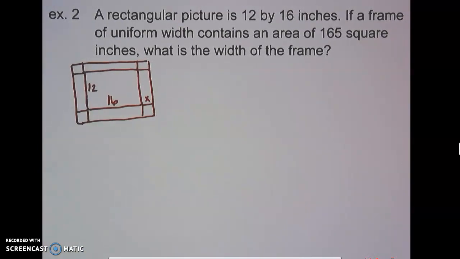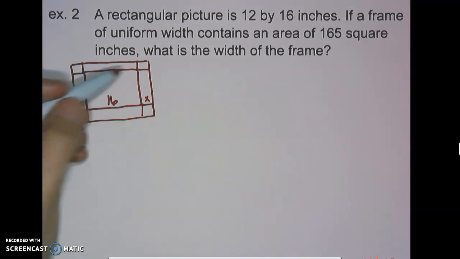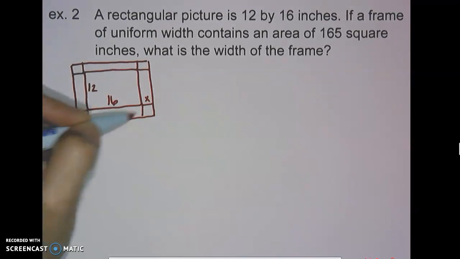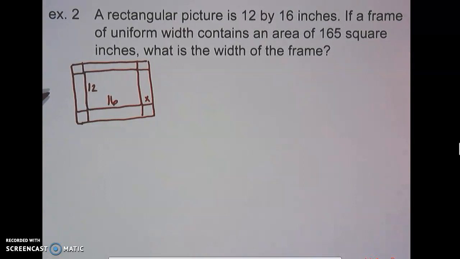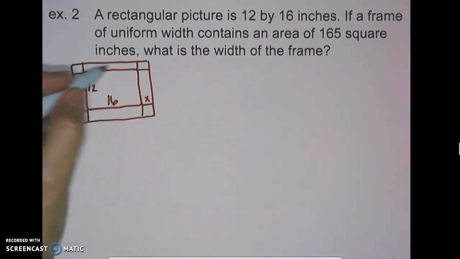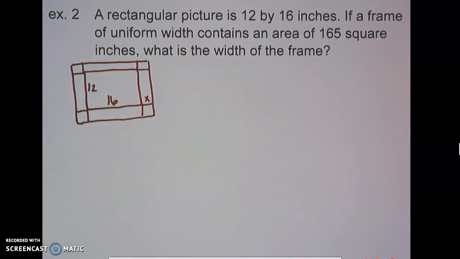We don't know what that is, that's what we're actually trying to find, but we know that this picture frame has an area of 165 square feet. We did talk about doing these questions two different ways, but the way we talked about in class was to find the area of all of these. So there's 8 total rectangles or squares around this picture for us to find the area of.